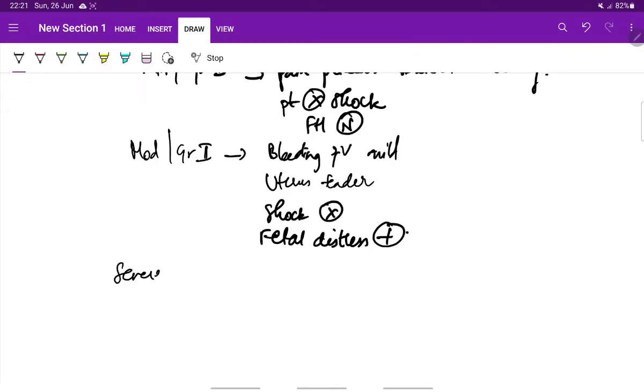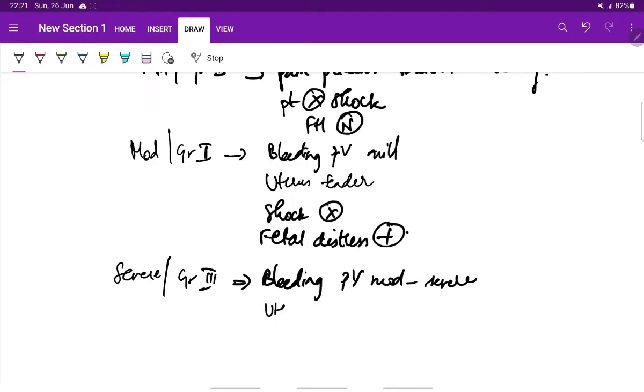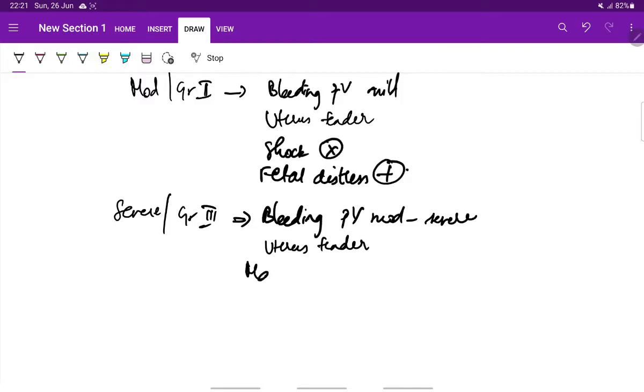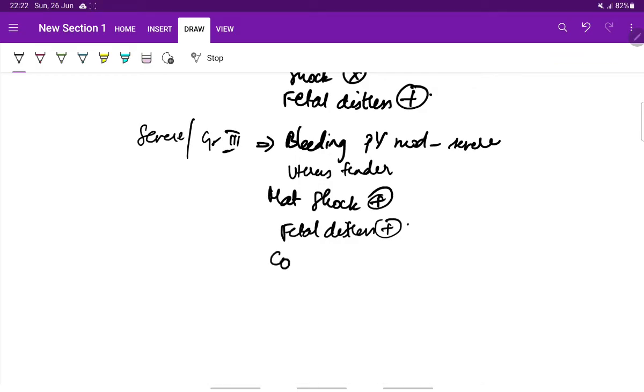Next is severe or grade 3. Here the bleeding PV is moderate to severe, uterus is tender, both maternal shock and fetal distress are present, and this is also associated with complications like renal failure or coagulopathy.